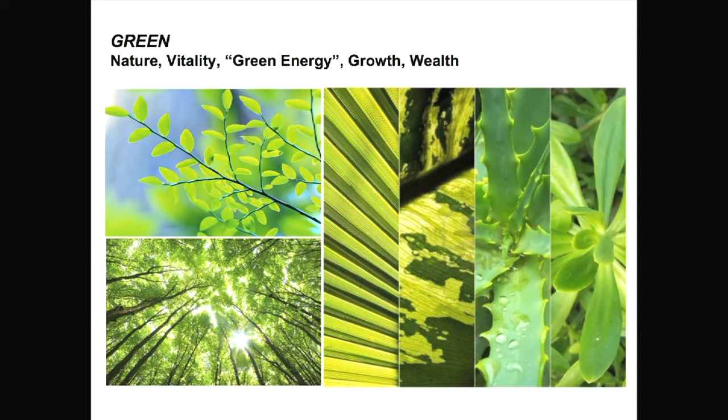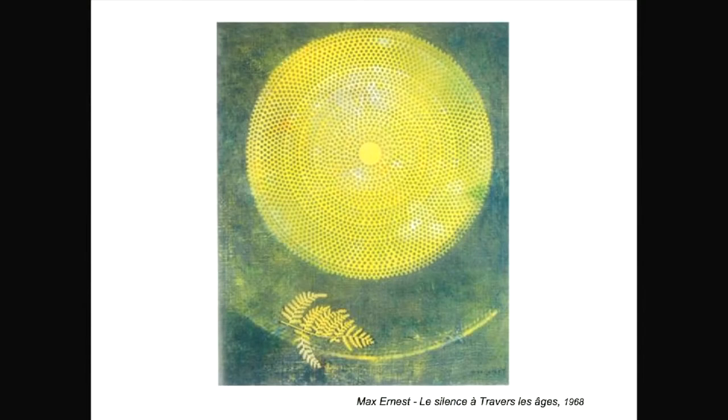And green is nature, vitality. It means energy, and it is really the color of the present. It means growth, and also it means wealth in many cultures, especially in the Muslim culture. So I can't resist using this by Max Ernst, a masterly juxtaposition of two opposing colors, yellow and green, and yet how they blend together.